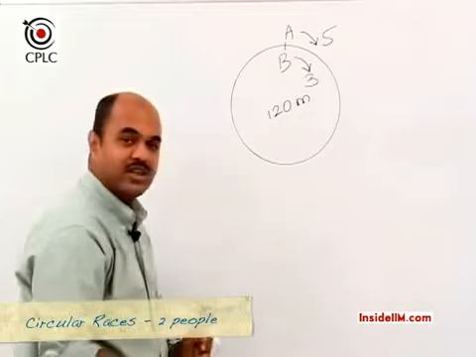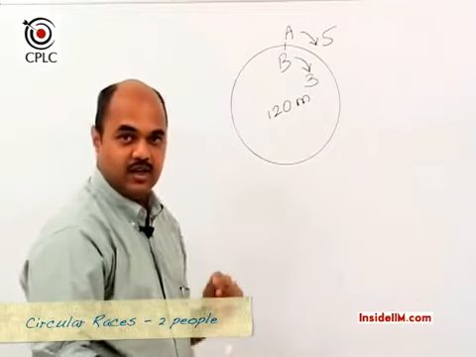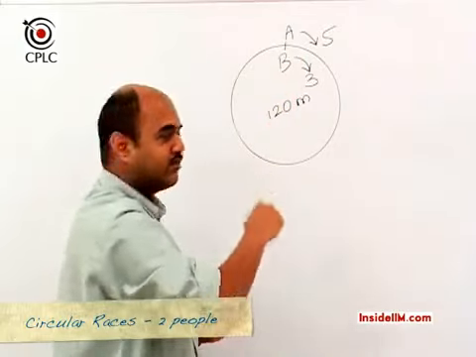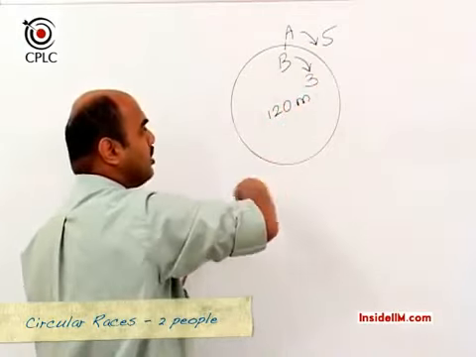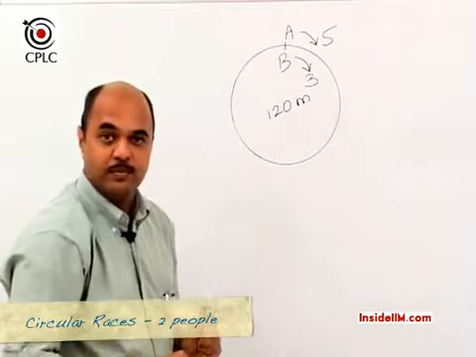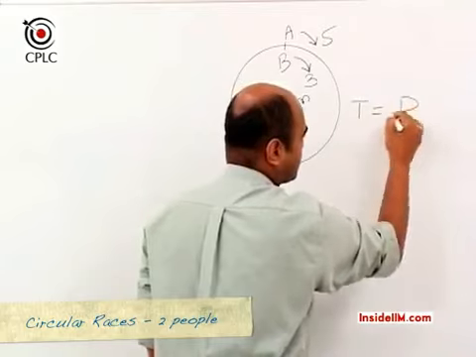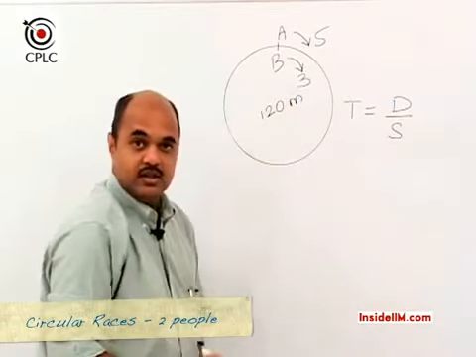Now, since we know that the only way they will meet is if A covers one full circle over B, and it is A because A is faster of the two, then we know the formula for time is distance upon speed.